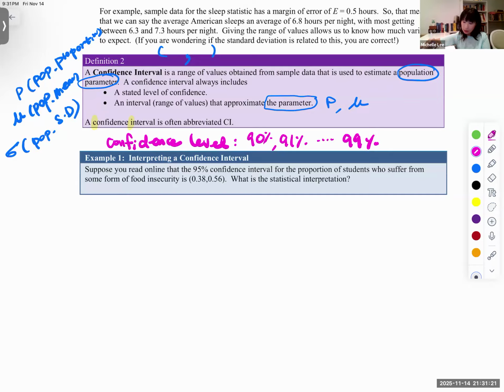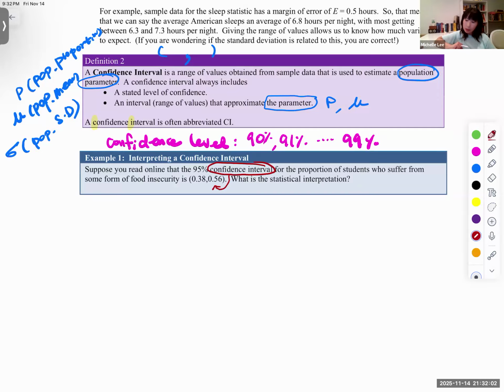Anyway, so let us do this. A 95% confidence interval for the proportion of students who suffer from some form of food insecurity is between 0.38 and 0.56.